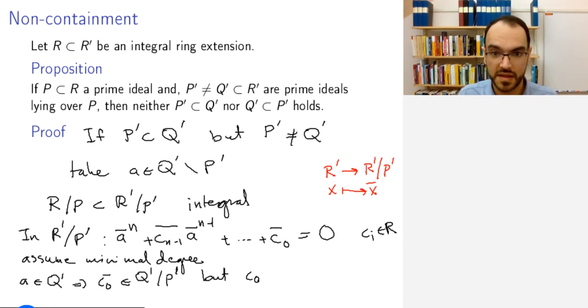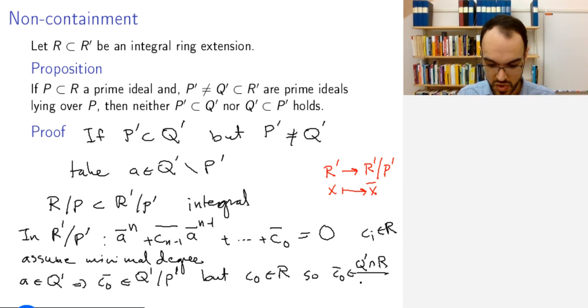But C0, the representative, is in R. So this quotient image will lie in Q prime intersect R mod P prime intersect R.